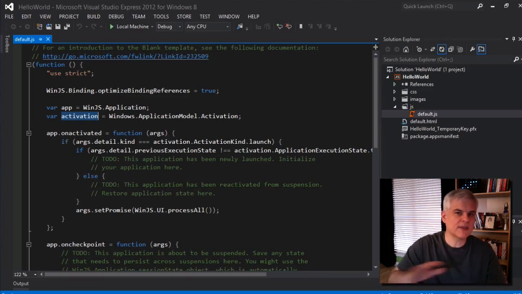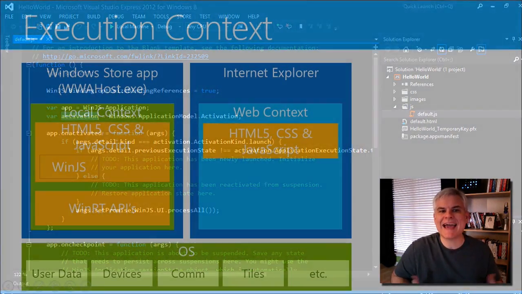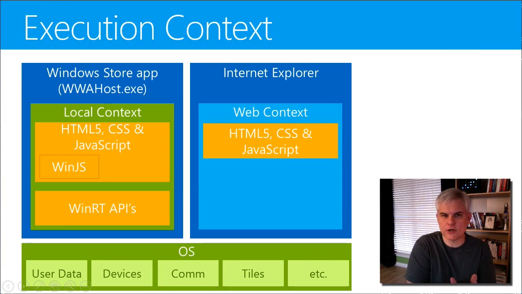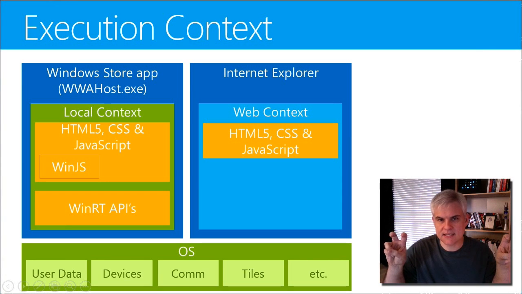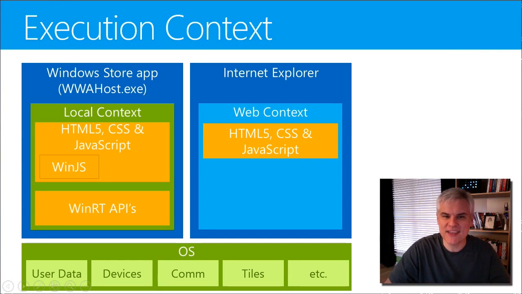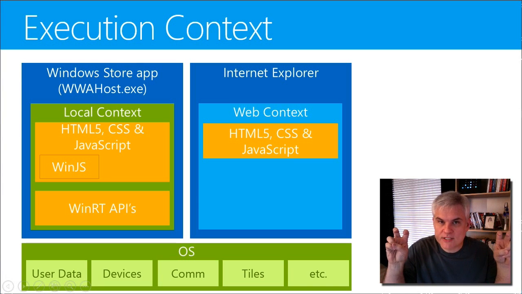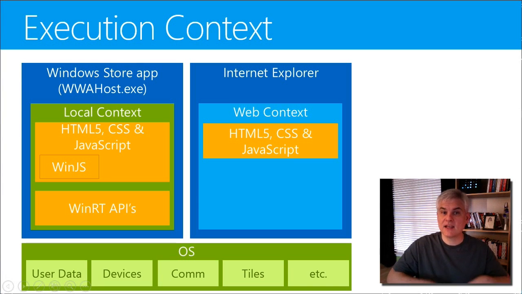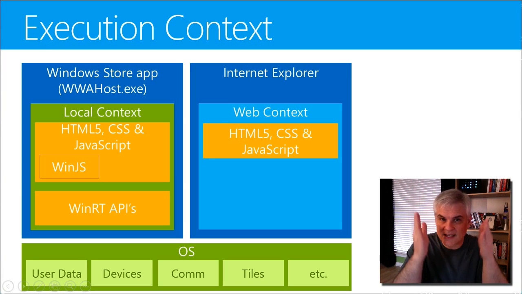All right, but the point here that I really want to make is that when you think about the execution environment for your code, think local context, think reduced permission, or actually extended permissions. You can do more things than you could in the web context. Think wwahost.exe. Think I now have access to the Windows Runtime API, so I can get to cool things like the webcam, the file system, and so on.